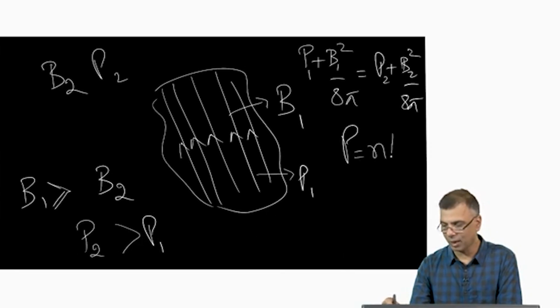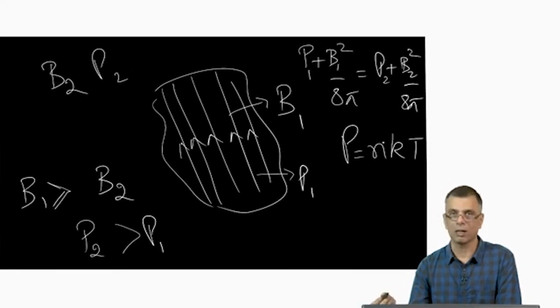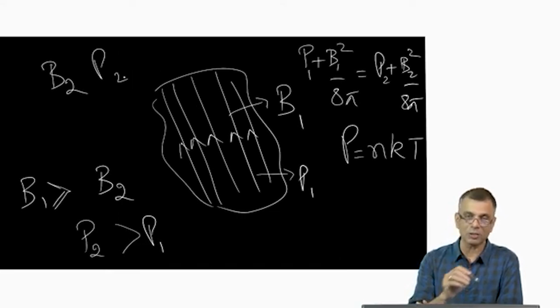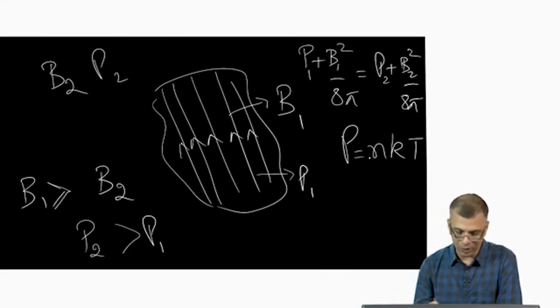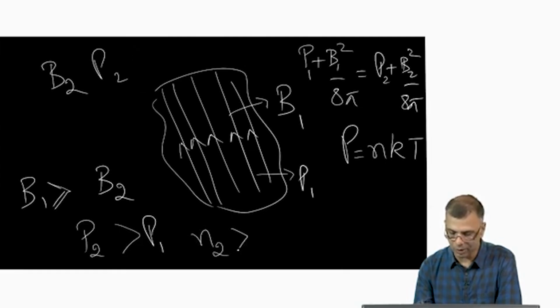Now, P is equal to N K T, right, where N is the gas density. Now, if the temperature inside and outside are the same, then the only way P2 can be greater than P1 is if N2 is greater than N1.